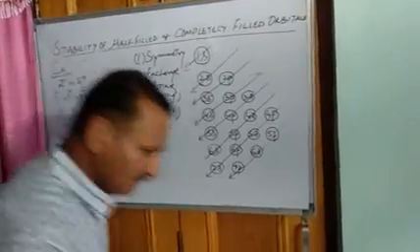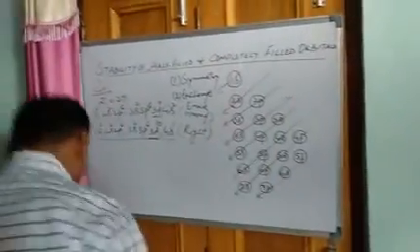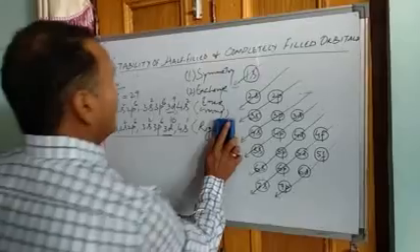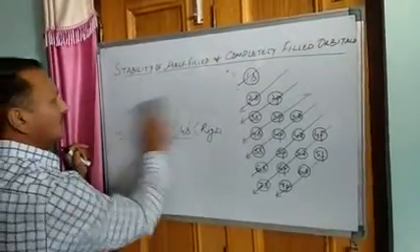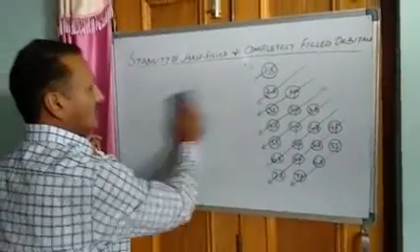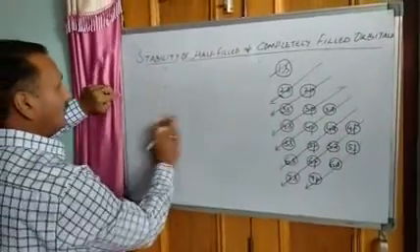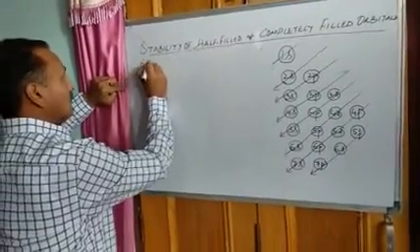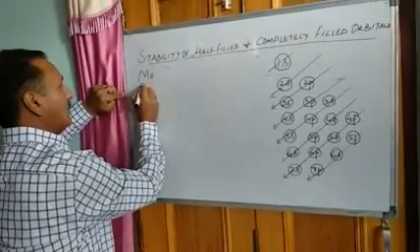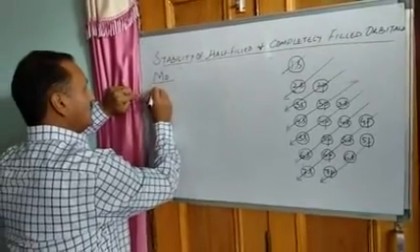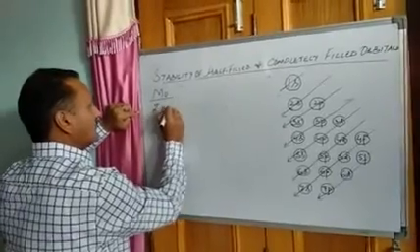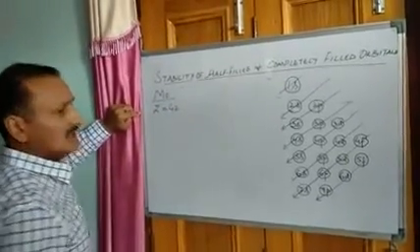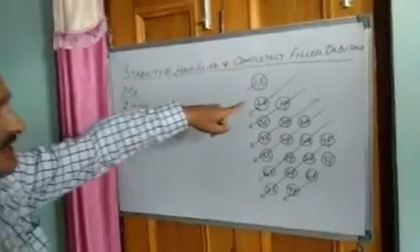For example, I have an element molybdenum having symbol Mo. Its atomic number is 42. Let us make its electronic configuration as per Aufbau table.